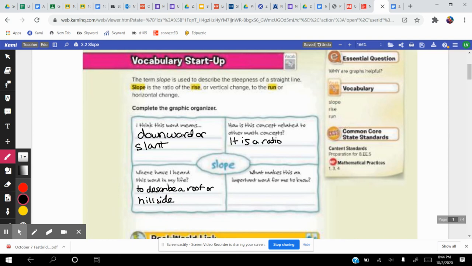What makes this an important word for me to know? So I can describe the steepness of a straight line.